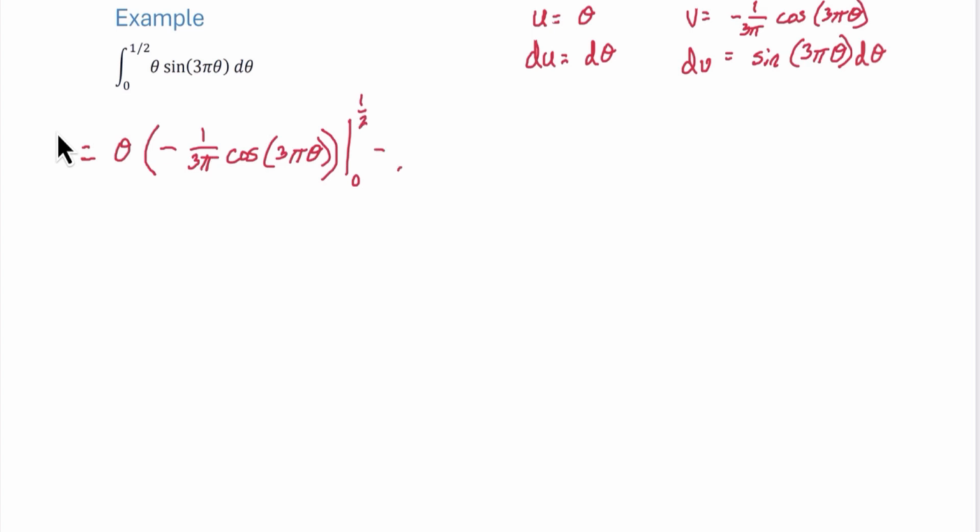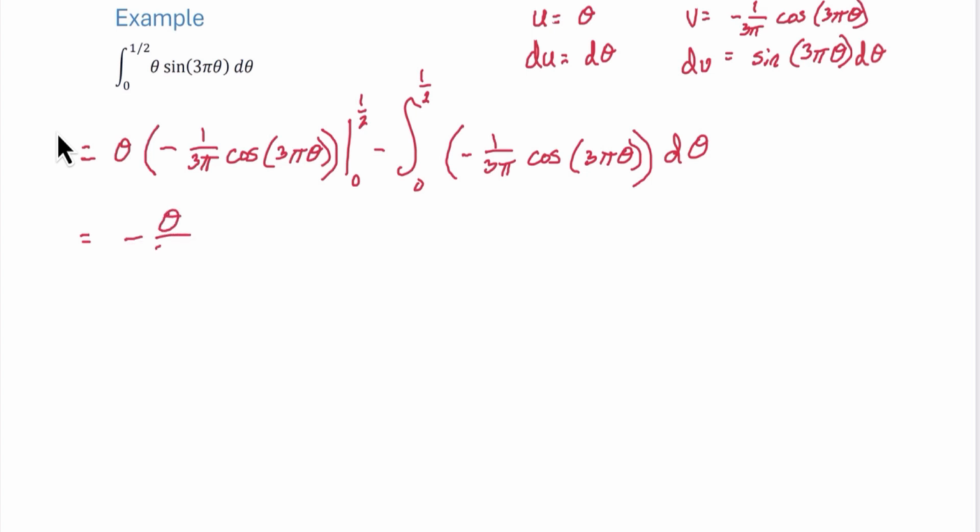Then we have minus the integral from 0 to 1/2 of v, negative 1 divided by 3 pi cosine 3 pi theta, du, which we said is d theta. In the first part, we can simplify a tiny bit, just putting that theta in the numerator. And I'll drop the limits for now and put those back in at the very end.